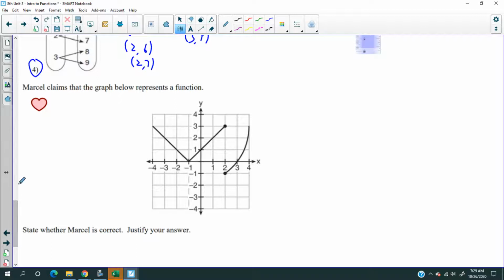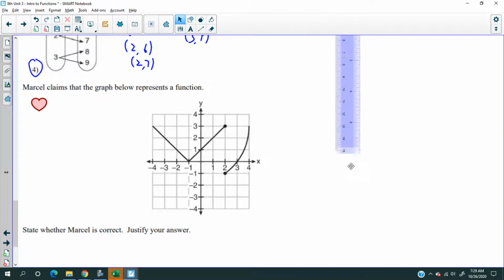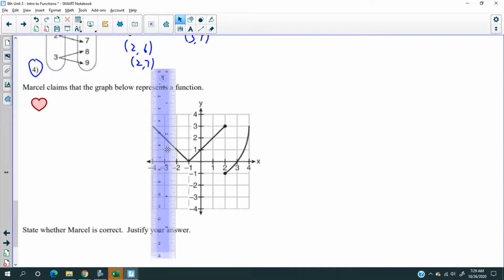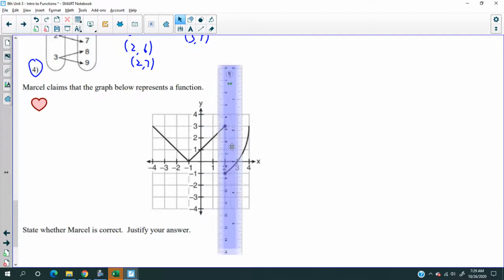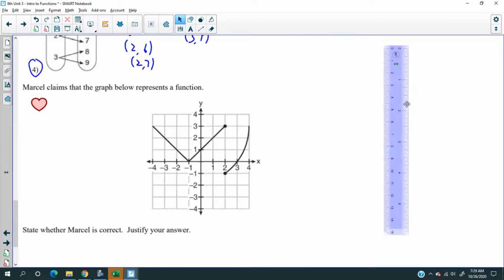Marcel claims that the graph below represents a function. State whether Marcel is correct. So is he correct? No, right? I can show it to you in a couple of ways. I could go with the vertical line test like this. Everything's good so far, but watch, look right here. The vertical line here touches 2 points. That's not good.